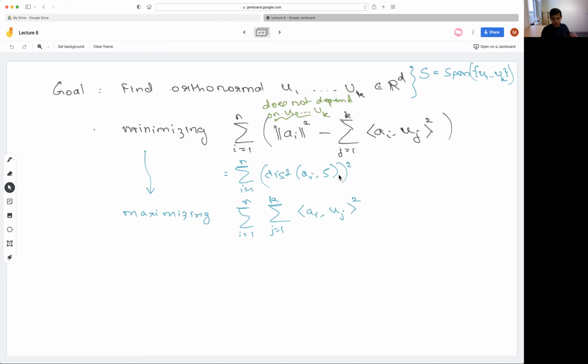So minimizing AI squared minus some inner product squared is equivalent to maximizing the inner product squares or the sum of those.